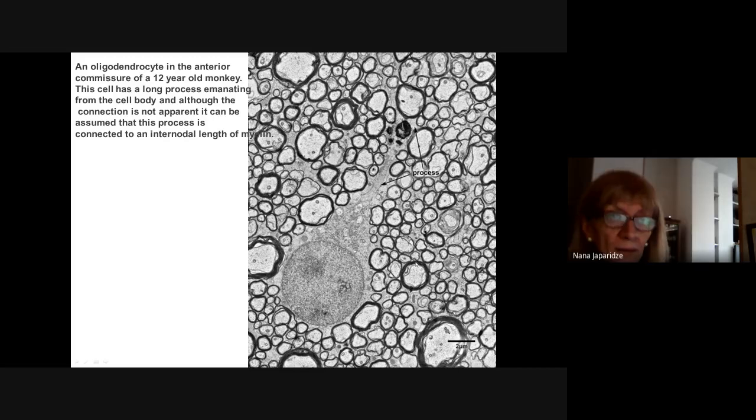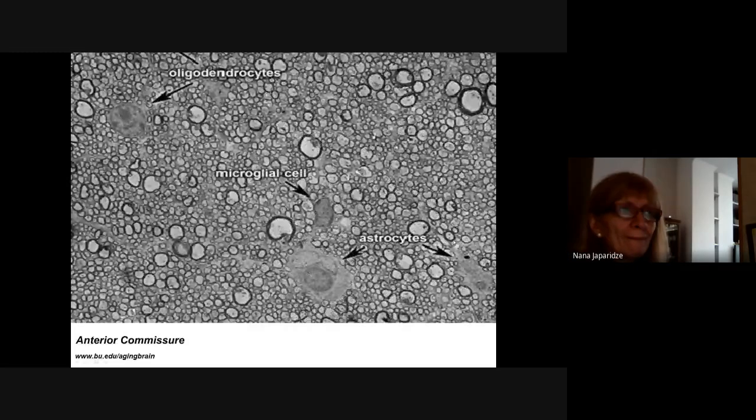So look, profiles of different sizes, and they are myelinated.